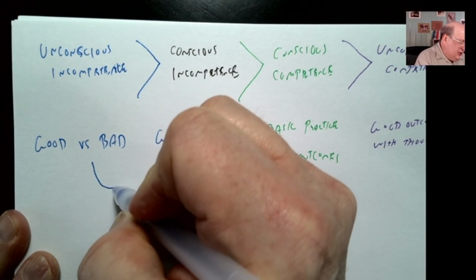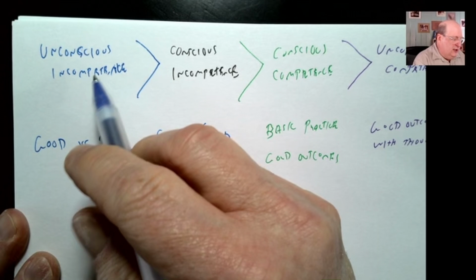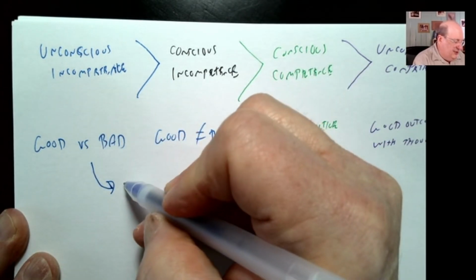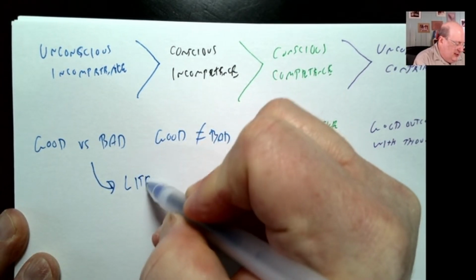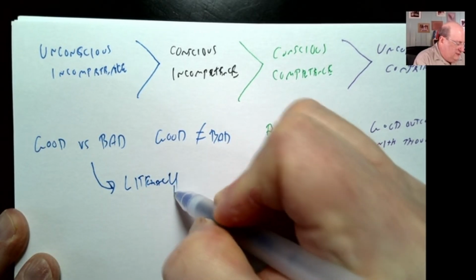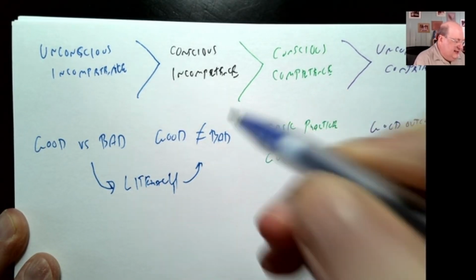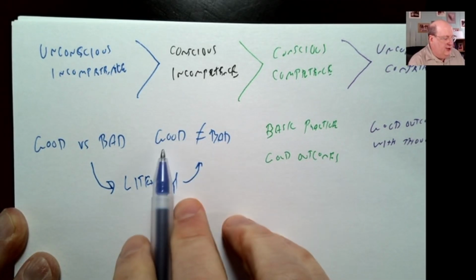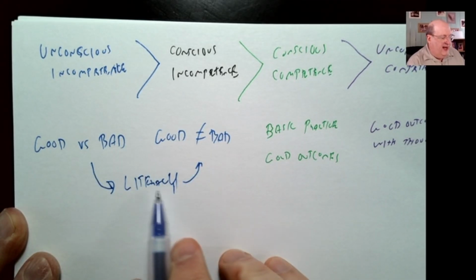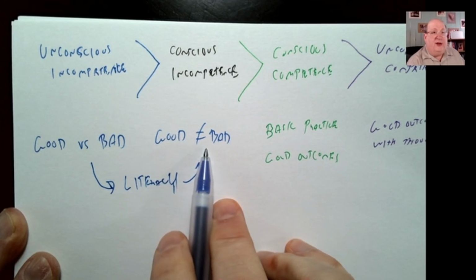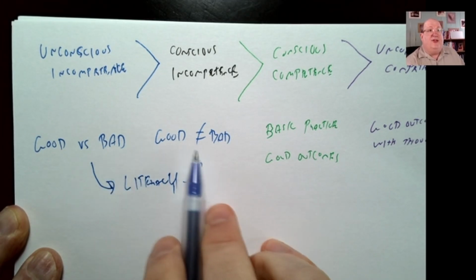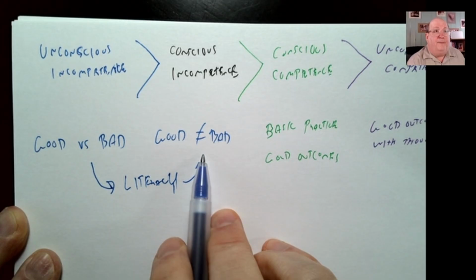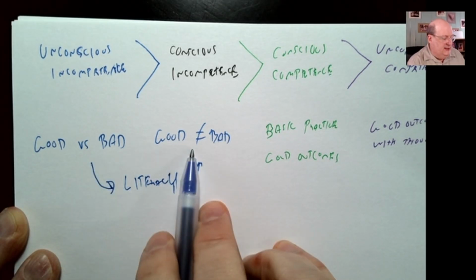That transition of going from unconscious incompetence to conscious incompetence, we call literacy. Because what you're learning is the difference between good and bad. You are learning that they are not the same, that there is a language, that there is a way to think about it, and that is key.